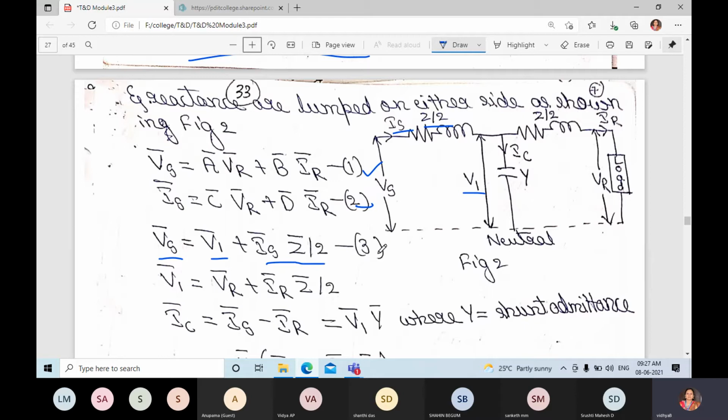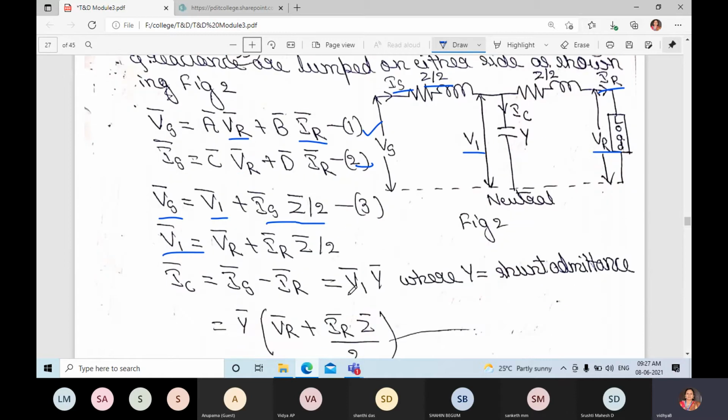When you compare equation 1 and 3, we cannot compare because it is not in terms of Vr and Ir. So we need to convert this in terms of Vr and Ir so that we can find A and B. Next, from this figure V1 is equal to Vr vector plus Ir vector into Z vector divided by 2.